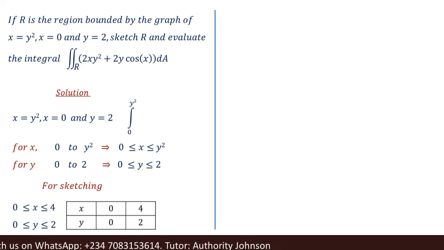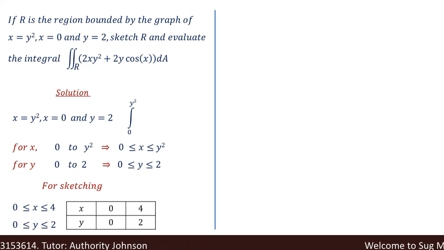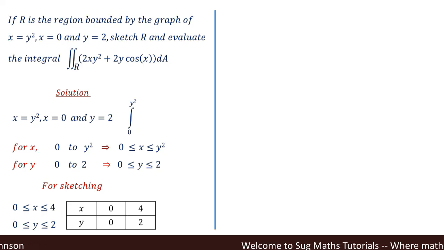So for the value of x that starts from 0 to y squared, when the value of y is 2, y squared gives us 4. It means that the actual boundary for x is from 0 to 4, and the actual boundary for y is from 0 to 2.